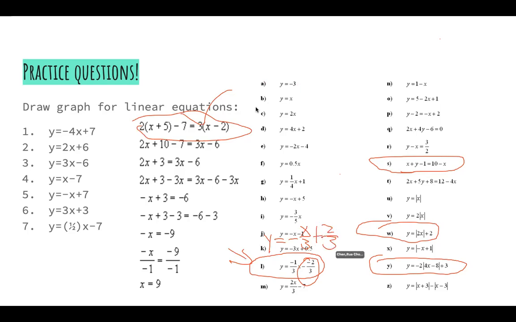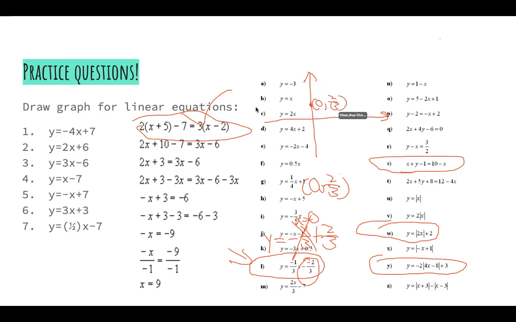If we set x to 0, then we can eliminate this term, and we can see when x equals 0, y equals 2/3. So we get the first point 0, 2/3, and then we can draw it on the graph.